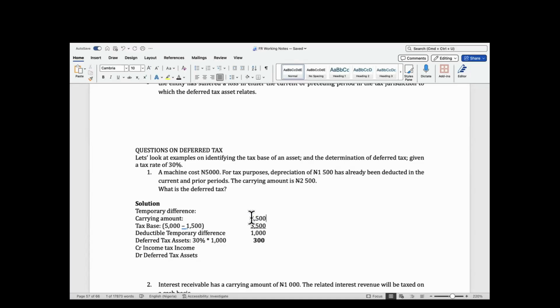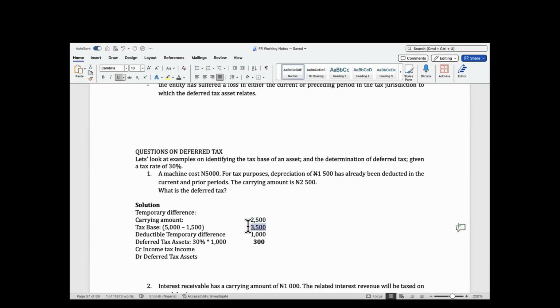The meaning of this is that this is my own depreciation that I will charge in the future. This is my carrying amount. The tax authority, this is the capital allowance they will give you in the future. This is the capital allowance they have not deducted.